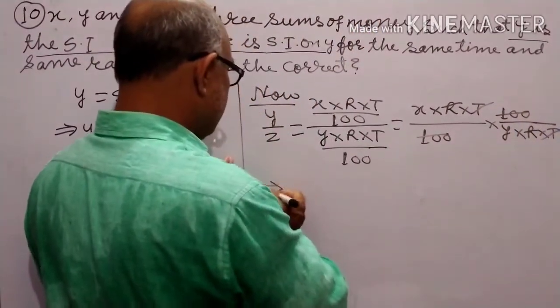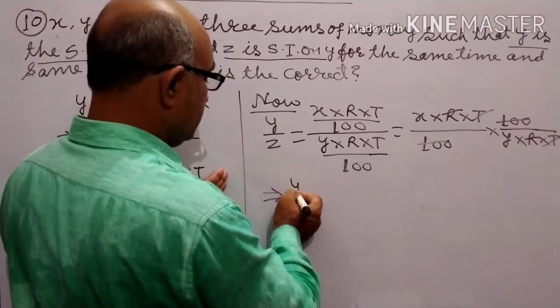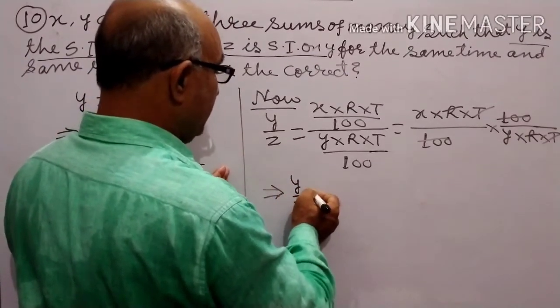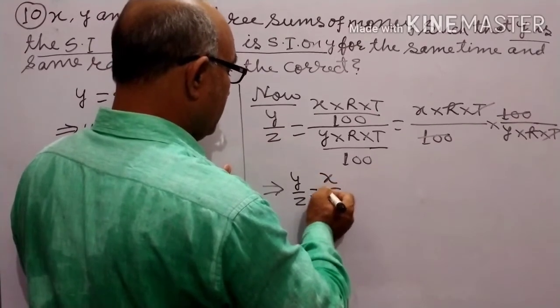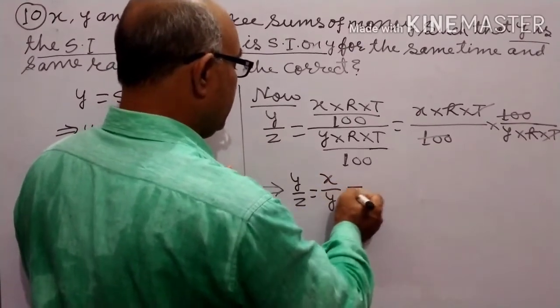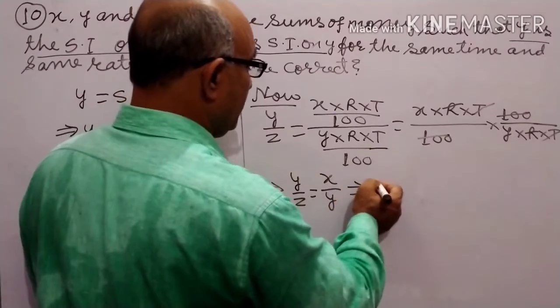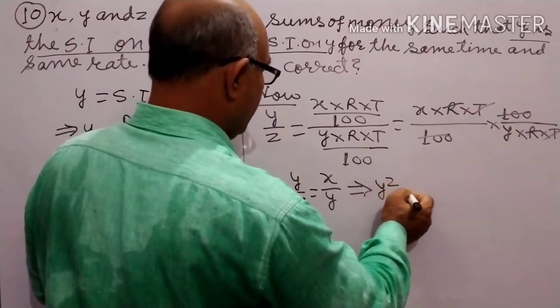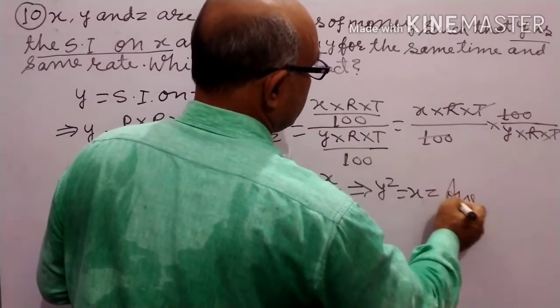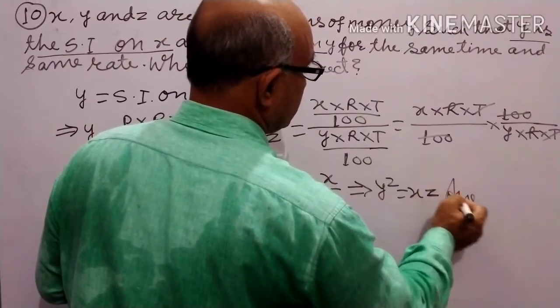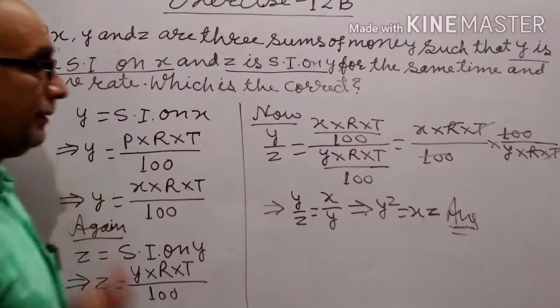That implies Y by Z equal to X by Y. That implies by cross multiplication Y square equal to XZ. Understand and write it.